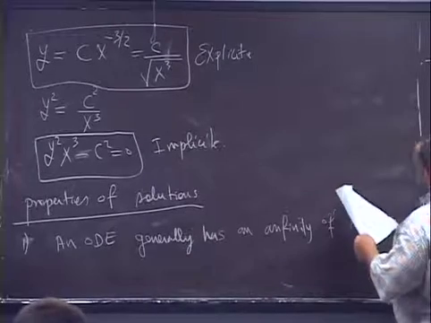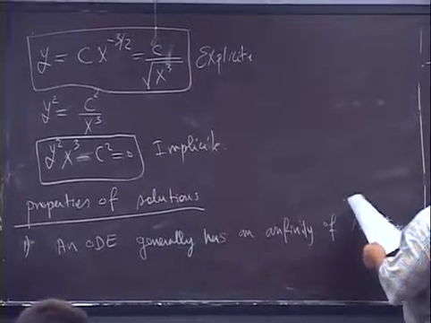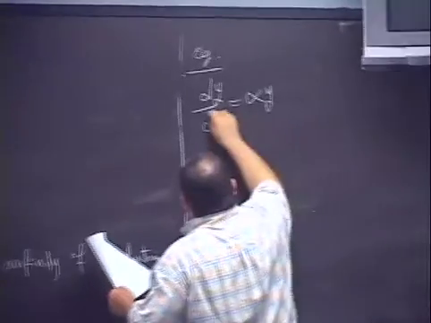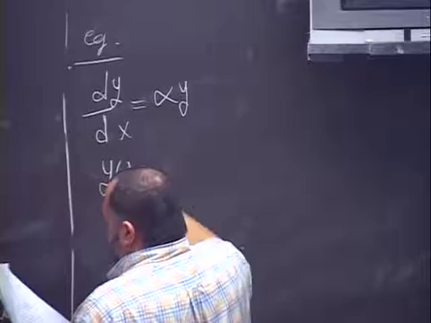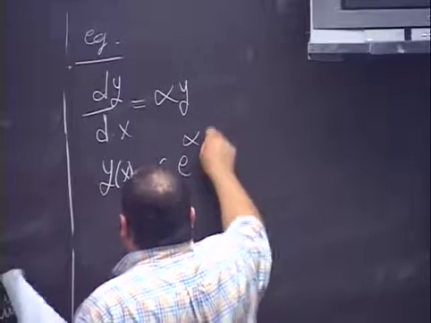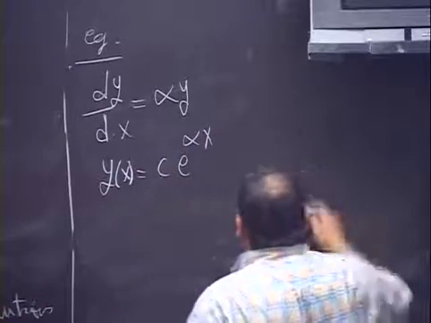So we'll give an example. dy by dx equal to alpha y. What's the solution? y of x equal to some constant c e to the power of alpha x.